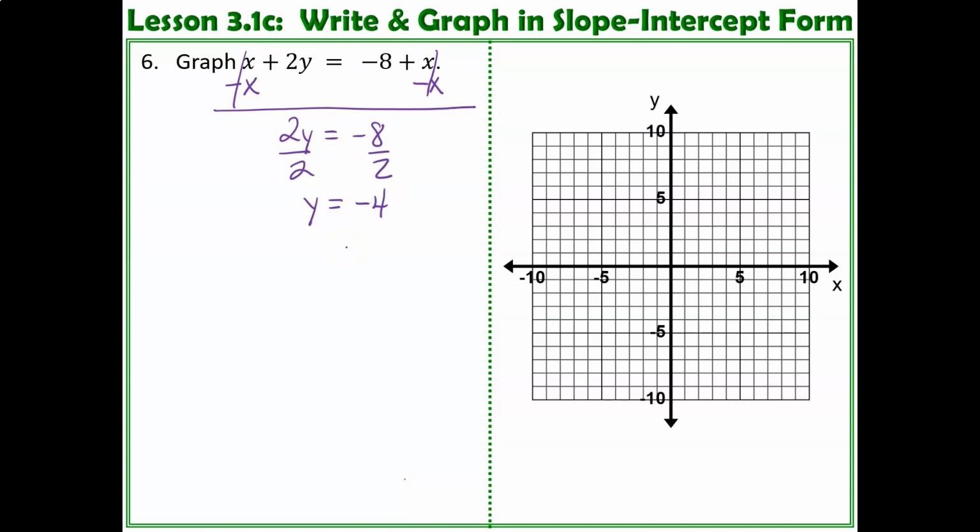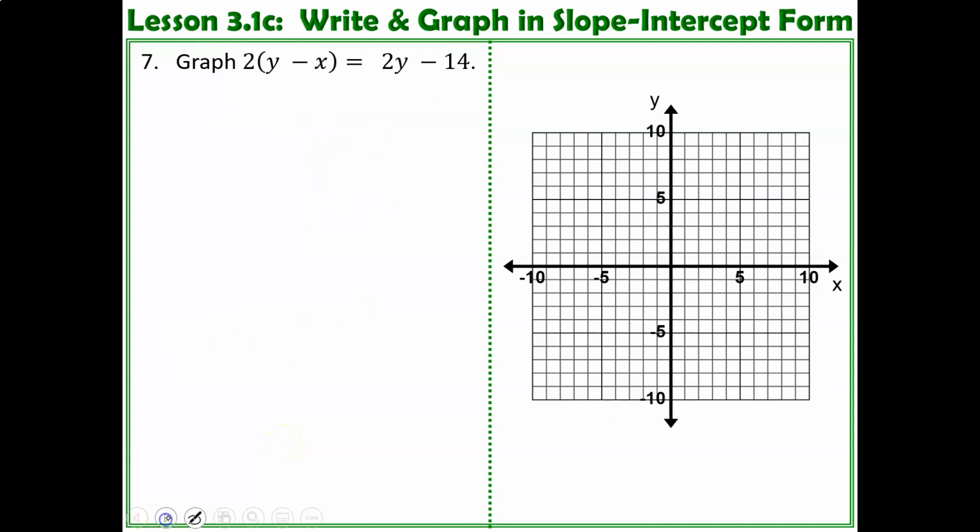Well, we have no x, so we're going to count down on the y-axis to negative 4, and we're going to make a horizontal line through that. There's no x-intercept here. We're never touching that x-axis, and our y-intercept is negative 4. Oh, yeah, that's right, negative 4.